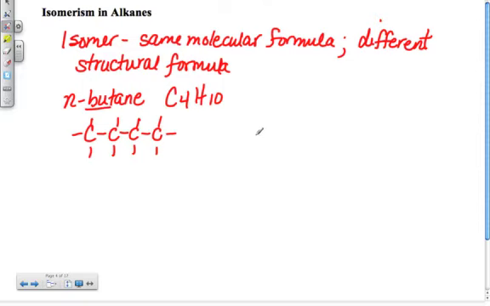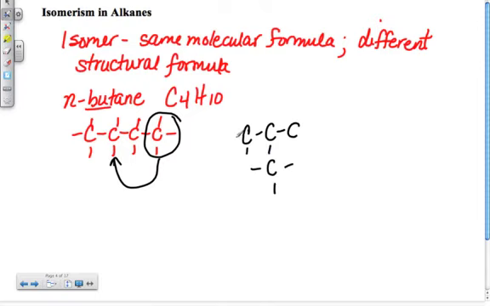Now if I want to make an isomer of this, remember you're going to take an end carbon off. So an end carbon is called a terminal carbon. You're going to take that off and you're going to put it in the middle of the chain. You don't want to take it off and put it on the end, because then all you've done is bend the chain. You actually haven't created a new structure. So an isomer of this could be like this. And this actually has two names.